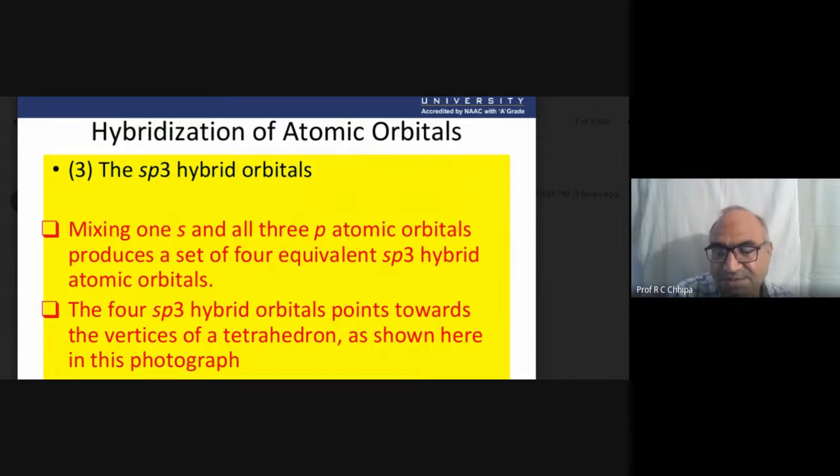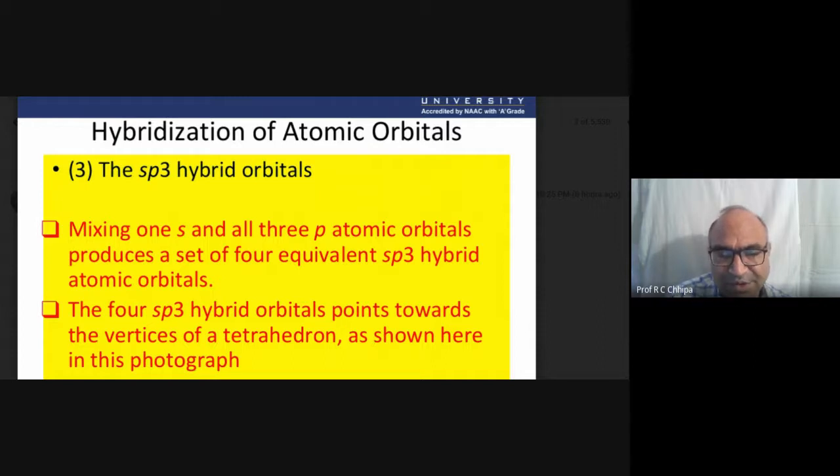There is no difference between any of the four sp3 hybrid orbitals. So we have hybridization, the mixing of atomic orbitals.